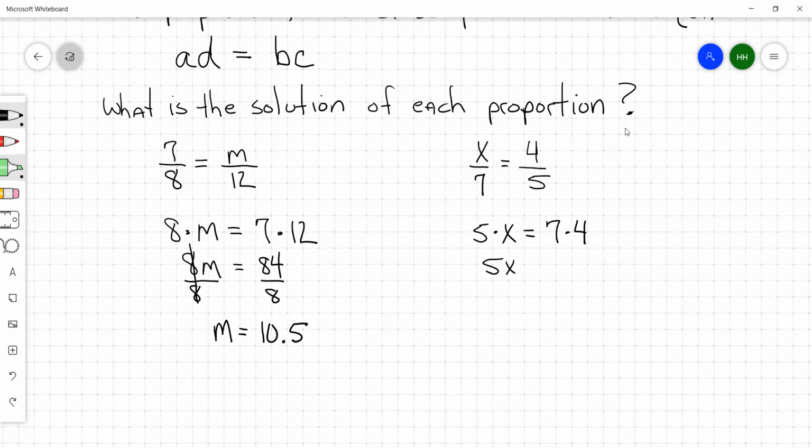So 5x would equal 28. And you can divide both sides by 5. These will cancel. And 28 divided by 5 is 5.6. So x equals 5.6.